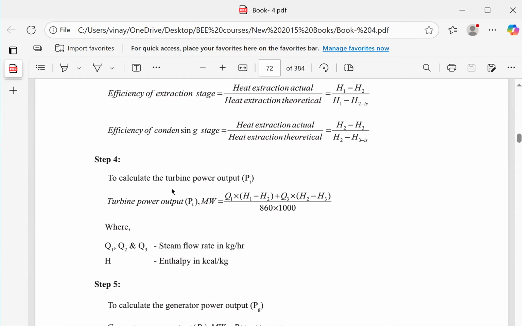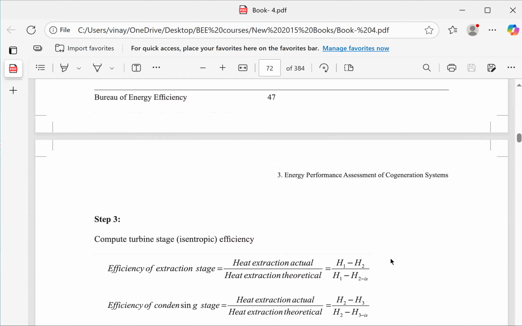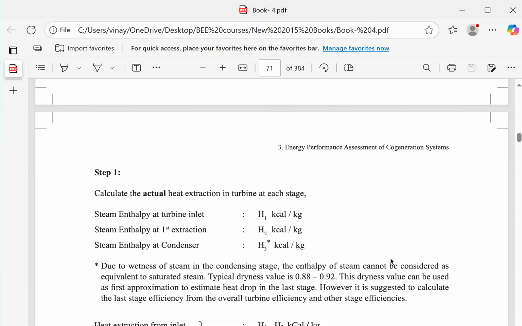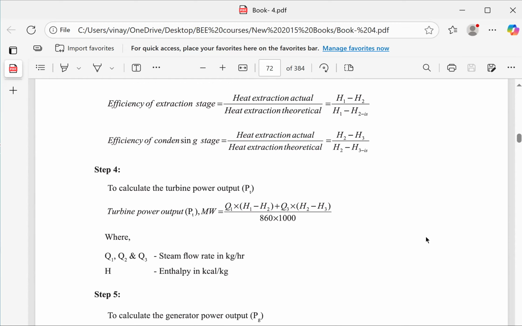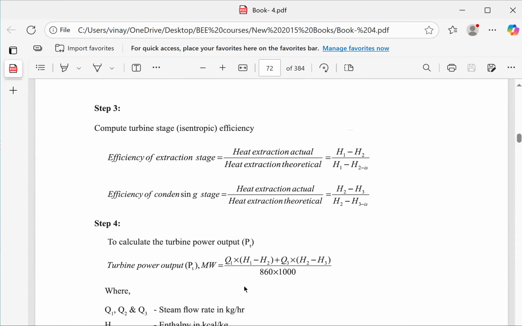Then to calculate the turbine power output. Now we have seen what the output is. Output is given by the electrical generator, that is the number of kWh generated. So how have they calculated?